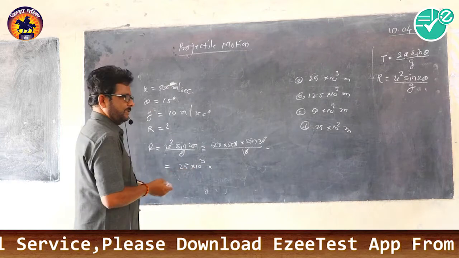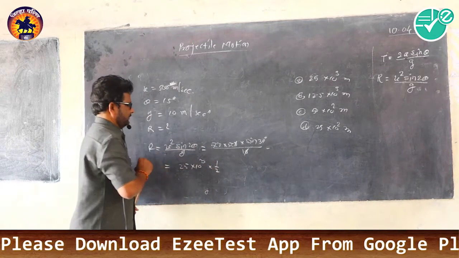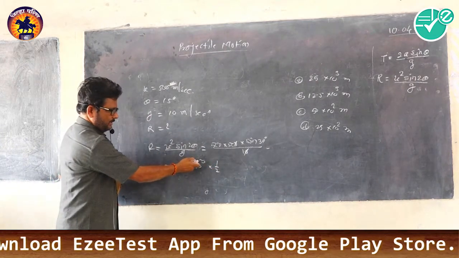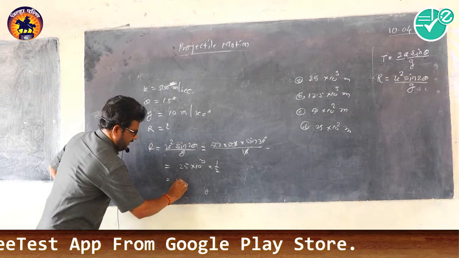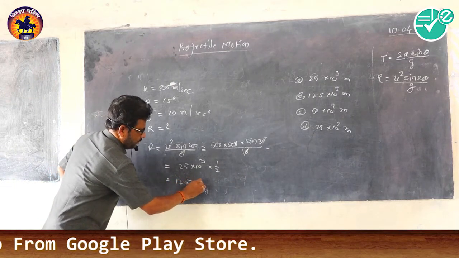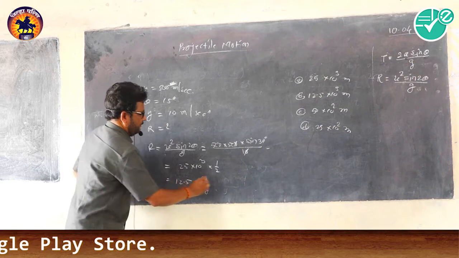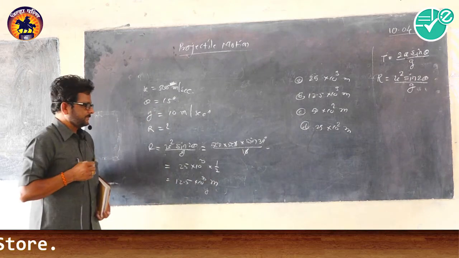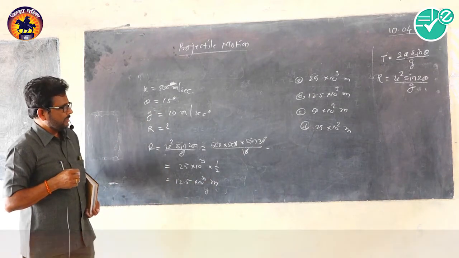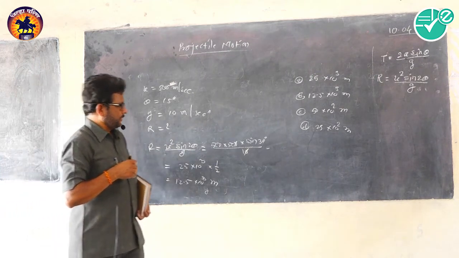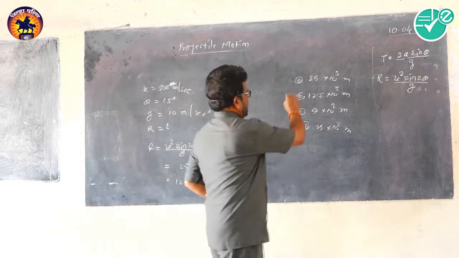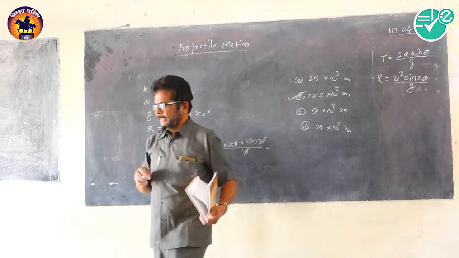But sin 30 is 1 by 2. So 25 into 10 raised to 3 into 1 by 2 is 12.5 into 10 raised to 3 meter, which is the range. Therefore option B is the correct option.